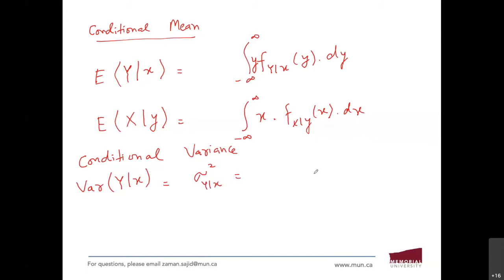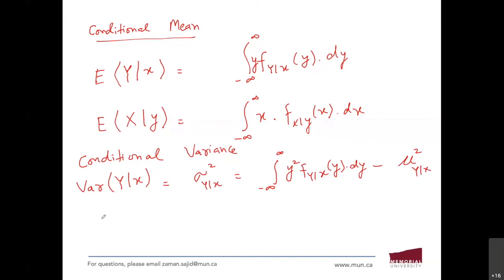That equals the integral from minus infinity to plus infinity of y squared, because I'm interested in y given that x, multiplied by the conditional probability density function f of y given x, dy, and we subtract the square of the mean value, because we are interested in y given that x, so this mean should be for y given that x.